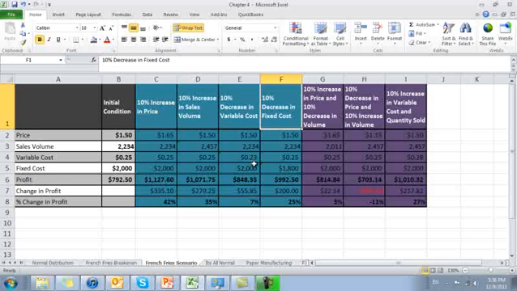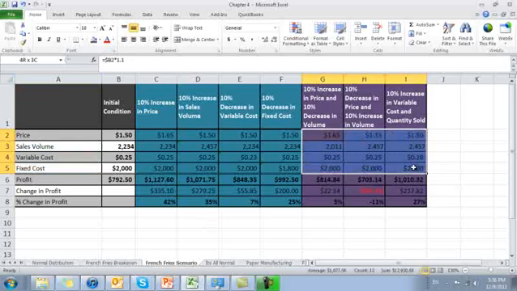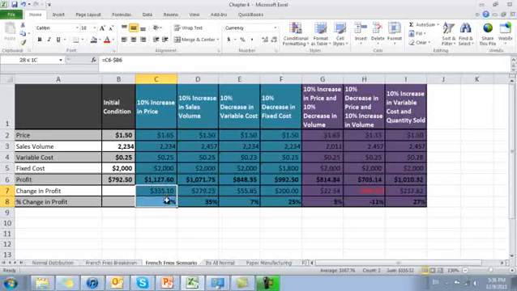And as you do more advertising, or as you choose a different location, you're also affecting your rent, your fixed cost. So you need to think about how these different scenario changes might affect different variables in the profit equation of the firm. Try quantifying it and saying, well, if this, then what? Did it work out for us? Did profit improve, like it did here, or did it get hurt, like it did there?